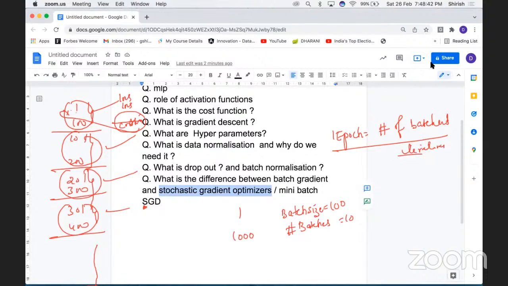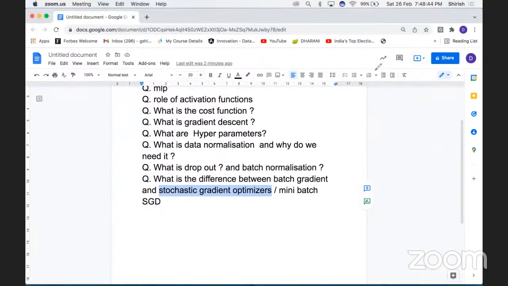So, for example, when you are training a neural network, sometimes the loss does not decrease in the first few epochs.